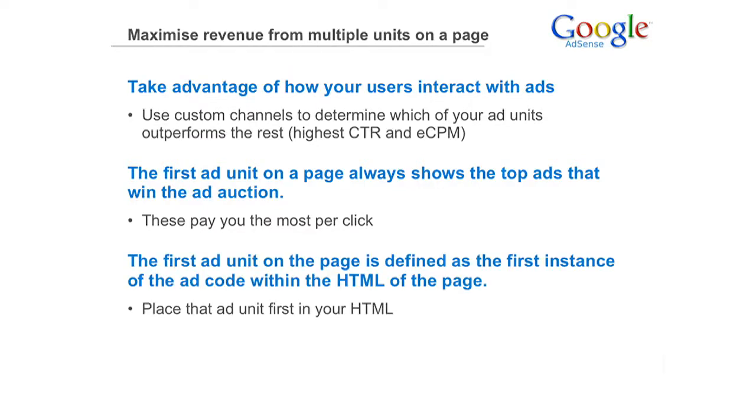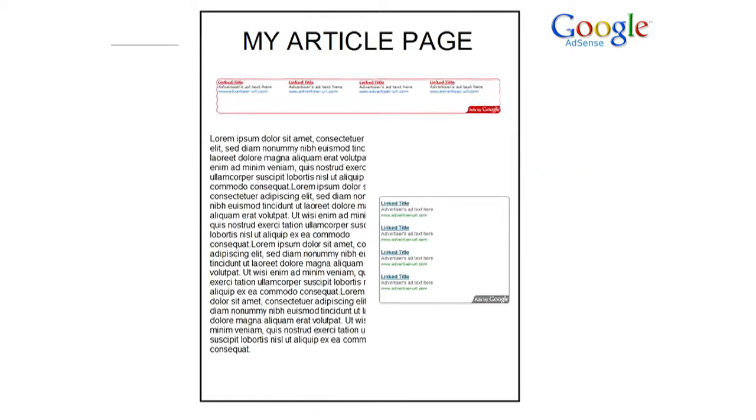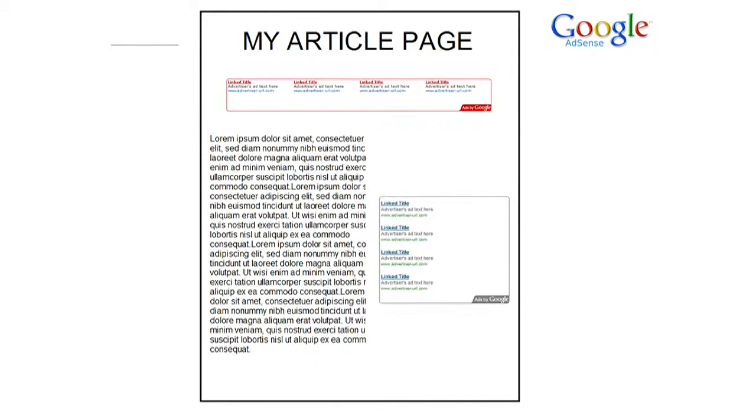The first unit on the page is defined as the first instance of the ad code within your HTML. Place that ad unit first in your HTML so it will receive the highest paying ads. This will maximize the yield you receive from multiple units on a page. So for example, if you have a leaderboard at the top of your page, but a medium rectangle that's placed halfway down is outperforming it, then the higher paying ads are better off being placed in that medium rectangle, where your users click more.